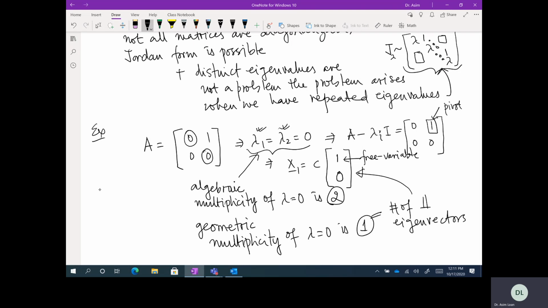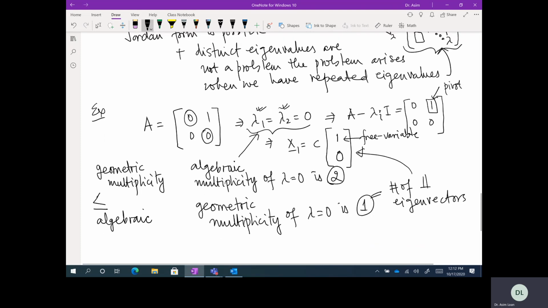In general, the geometric multiplicity is less than or equal to the algebraic multiplicity.